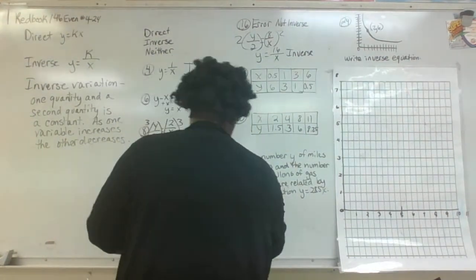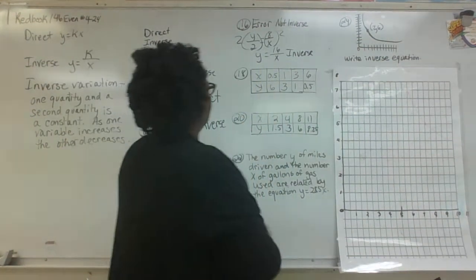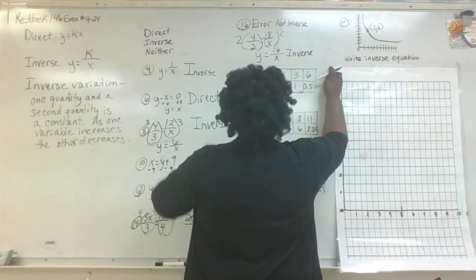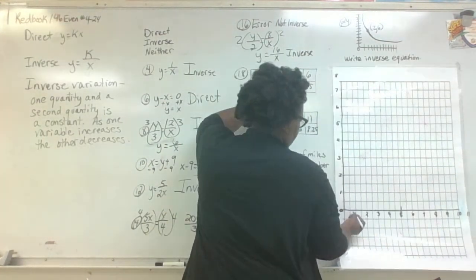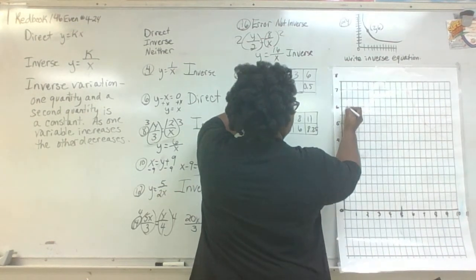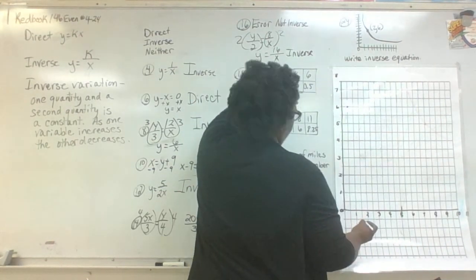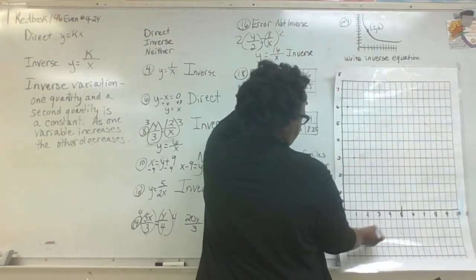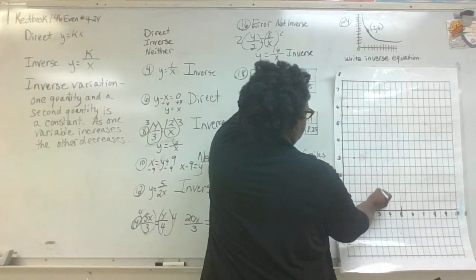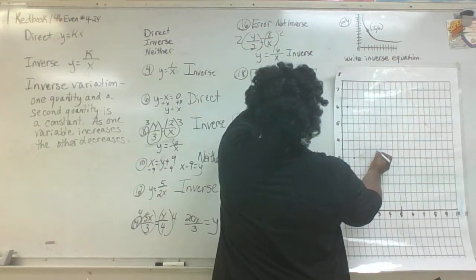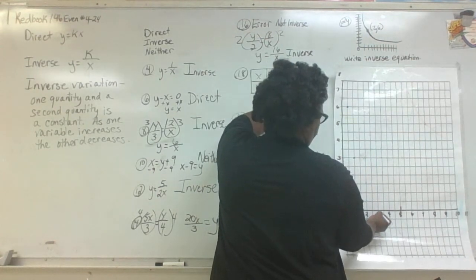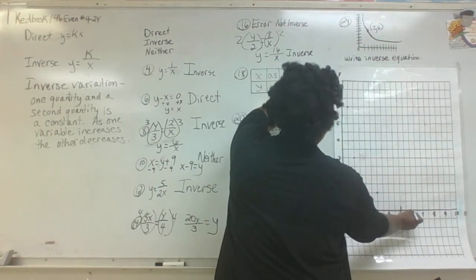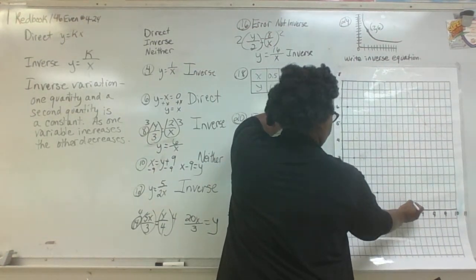Okay? All right, so let's check out the first one. On the first one, we're going to use blue. It says a half, 6. Then it says 1, 3. Then it says 3, 1, my fault. 3, 1. And then 6, a half.